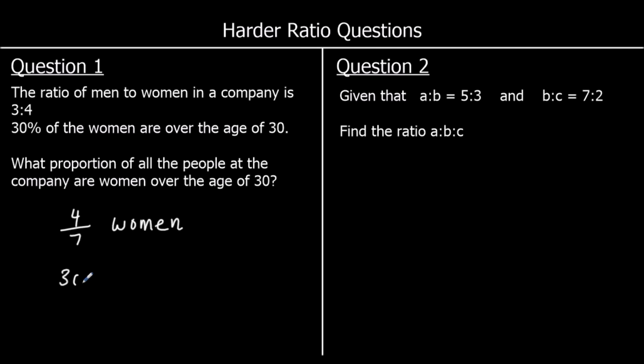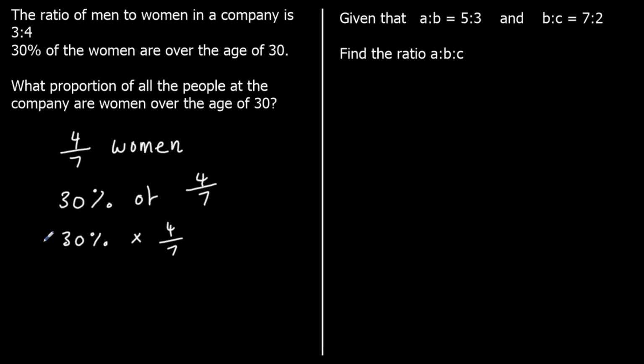So it's 30% of 4/7, which is 30% times 4/7. And if we change 30% to a fraction, which is 3/10, we can do 3/10 times 4/7.